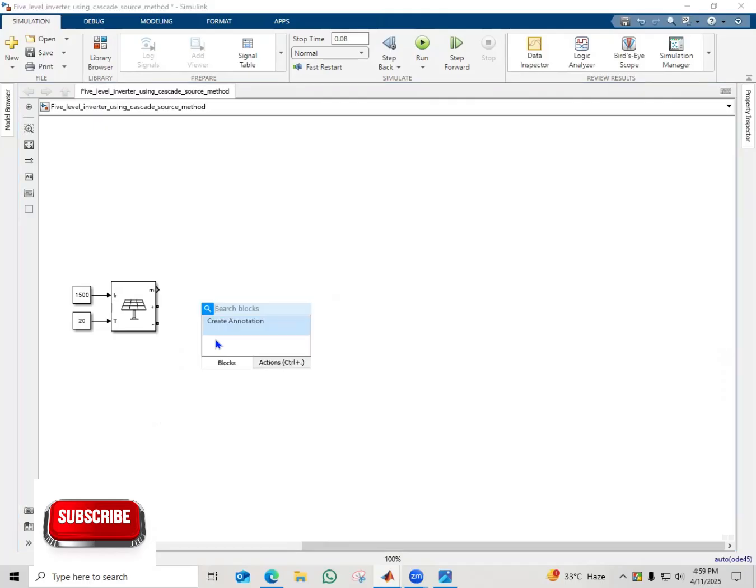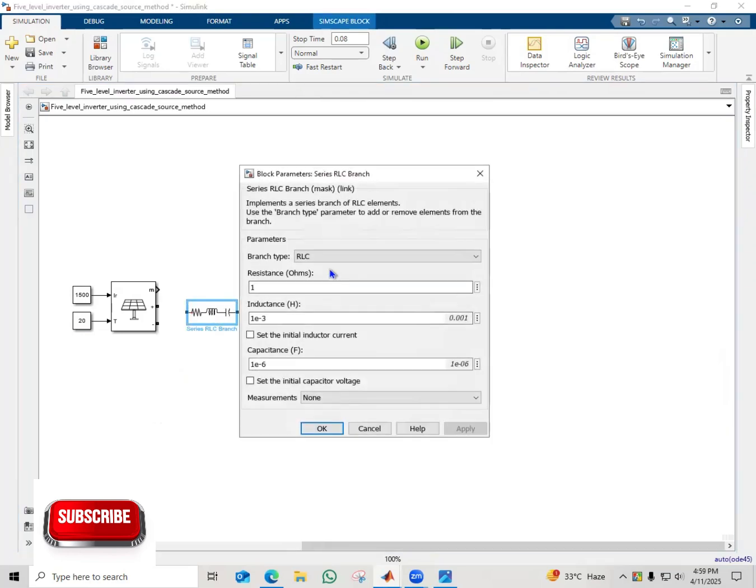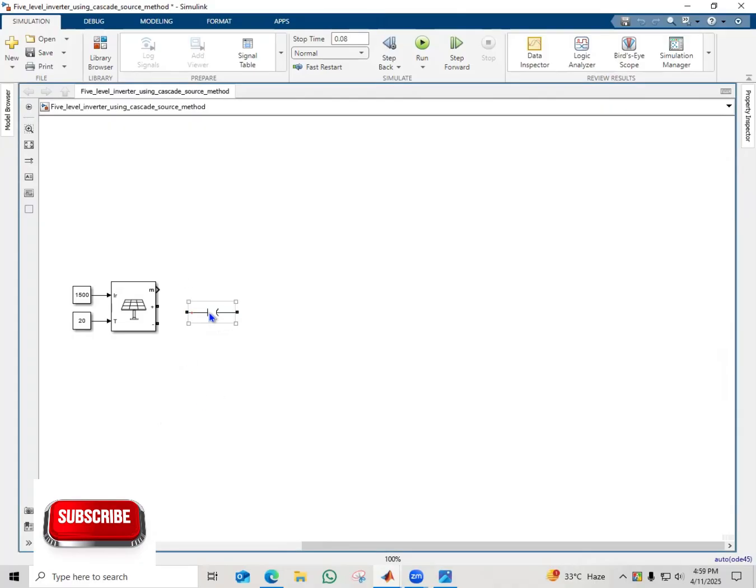Now we need a filter capacitor. In this case, I am taking a filter capacitor from the RLC branch, setting its value with C, and the value will be set to 3500 e inverse 6.